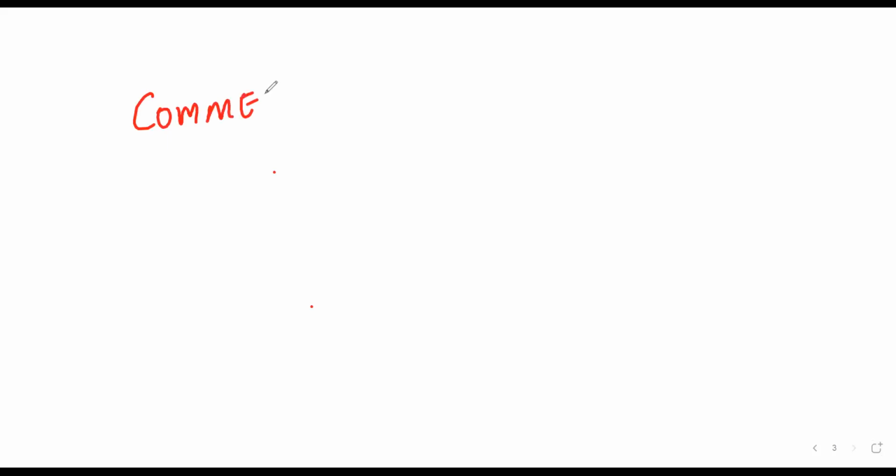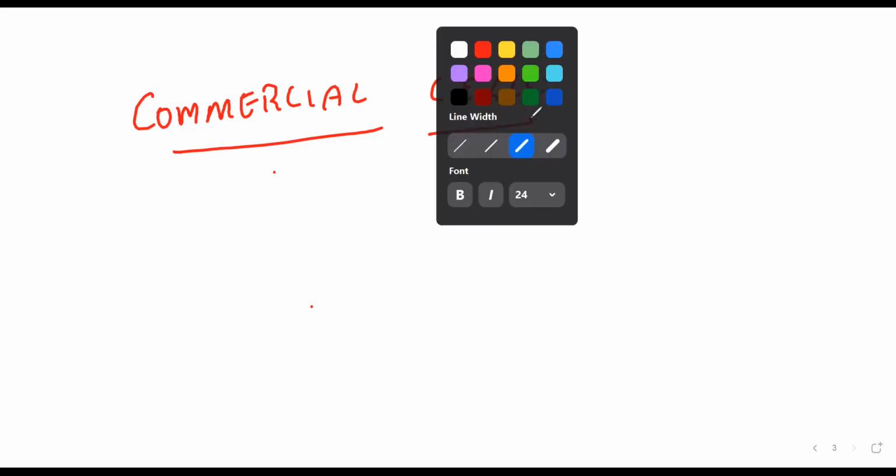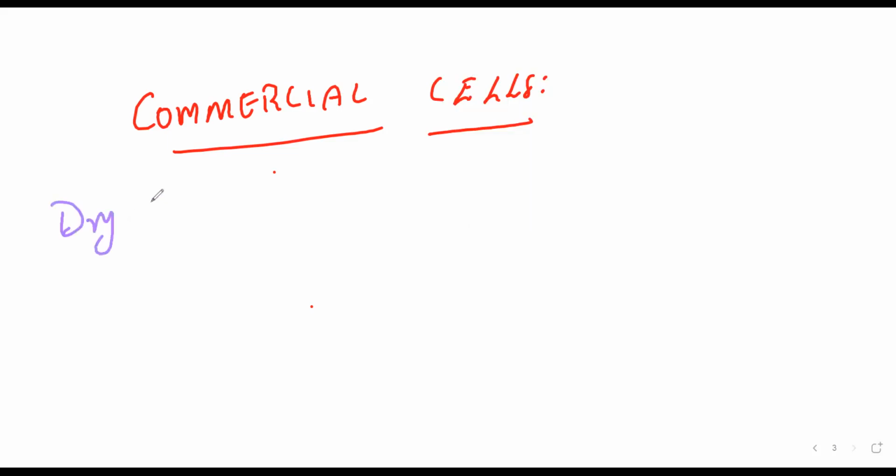Very easy for us to identify these things, and very interesting also to know the mechanism. Commercial cells. First, coming to the commercial cells, let it be the battery itself, or else let me take the dry cell. First one I'll try to take is the dry cell, or the Leclanché cell.